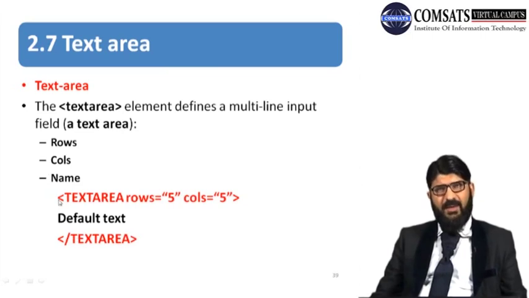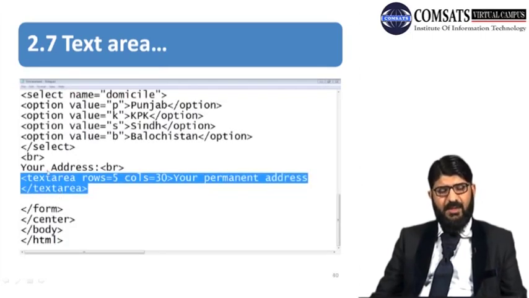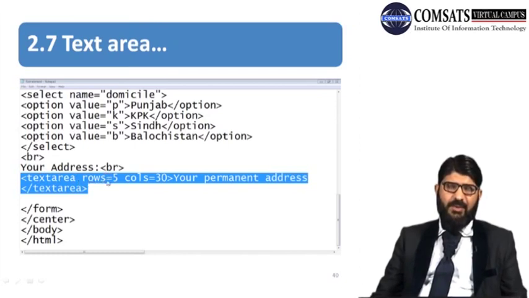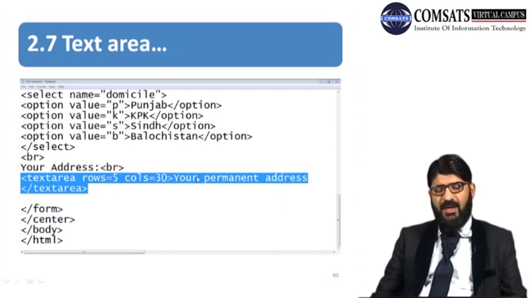So if you consider over here, the code that will be executed for the text area is written as: your address, textarea, rows equals 5 and columns equals 30, and then you have mentioned the value you want to display, which is your permanent address.